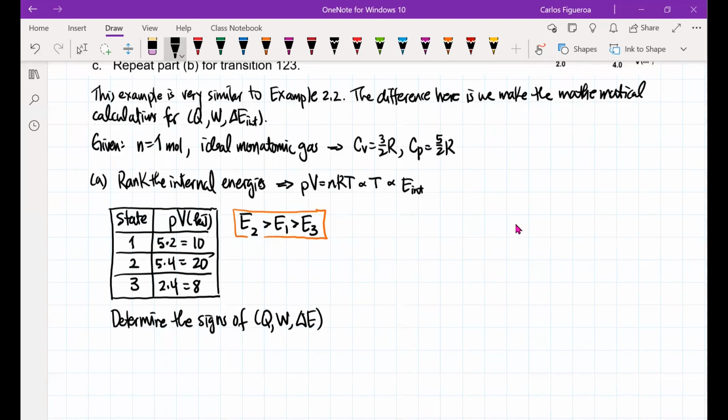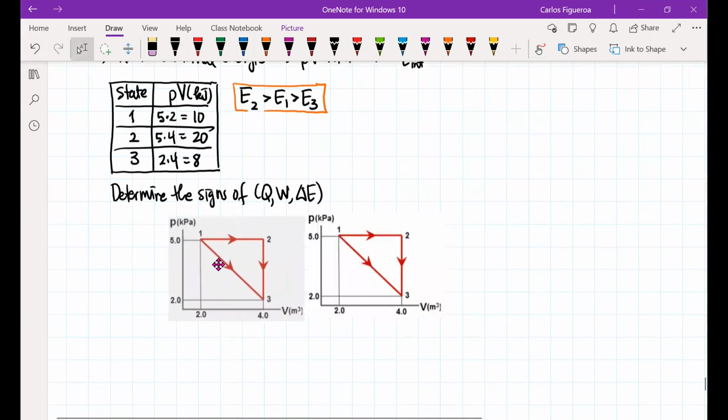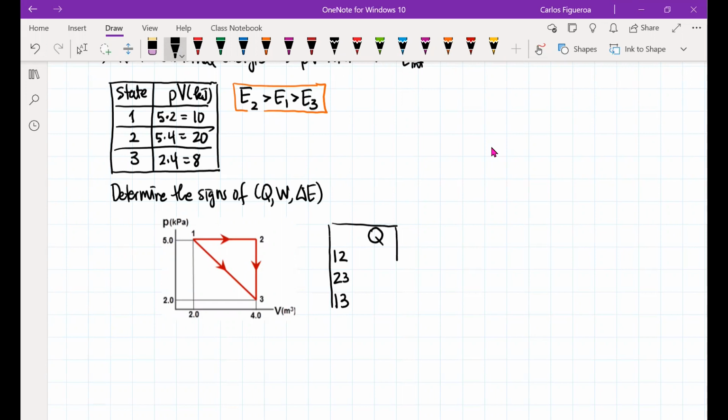So I'm going to take my graph and set up a table. I'm going to set up a cycle that goes from 1 to 2, then 2 to 3, and then a path that goes 1 to 3. So now I have my heatings, I have my workings, and I have my changes in internal energies.